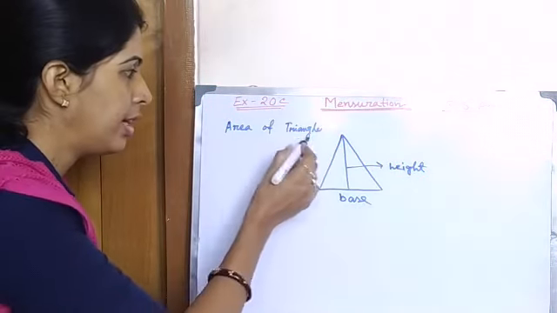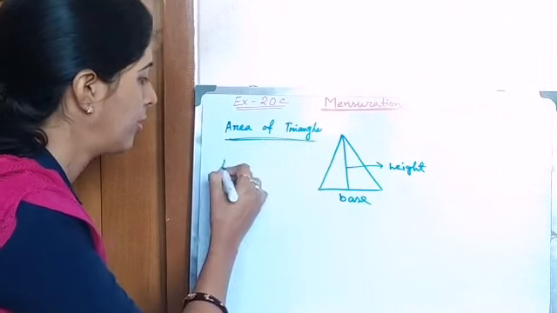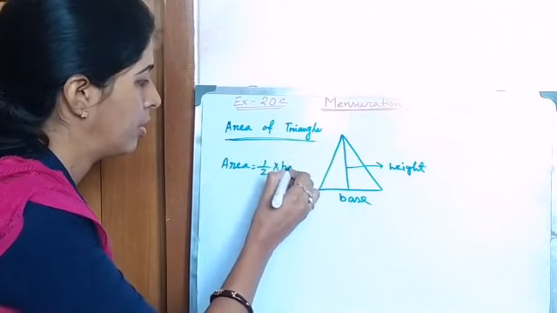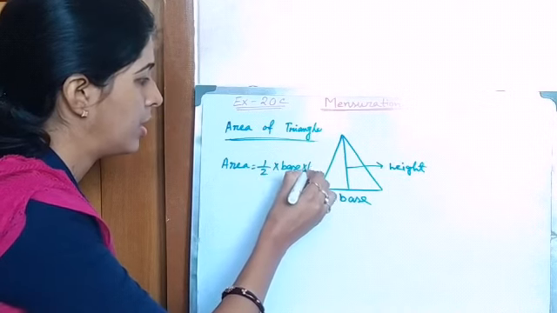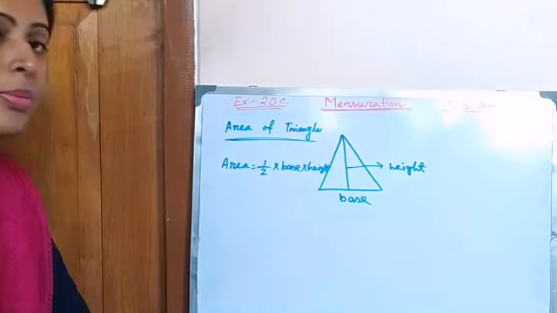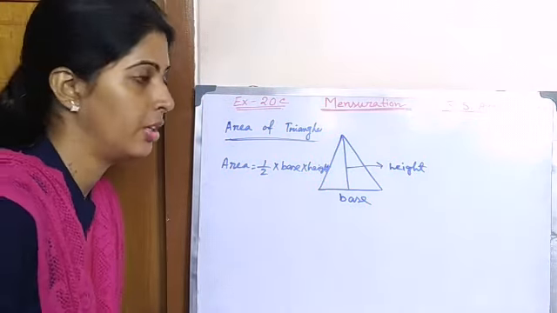So the formula for the area of a triangle is half into base into height. This is the area of the triangle.